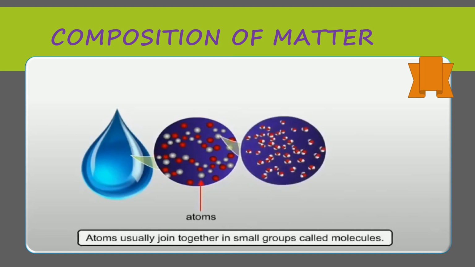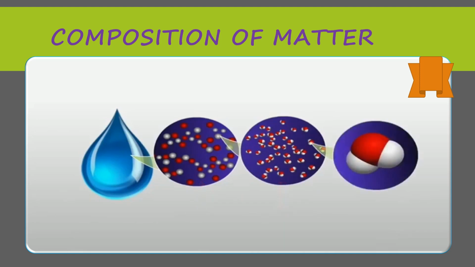These atoms usually join together in small groups called molecules. A water molecule is made up of a pair of hydrogen atoms joined to an oxygen atom. So, the composition is as shown, that is H2O.